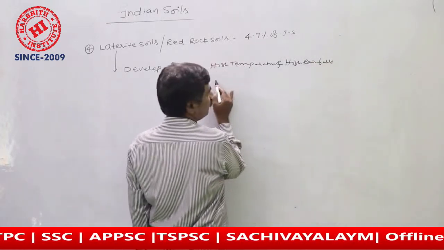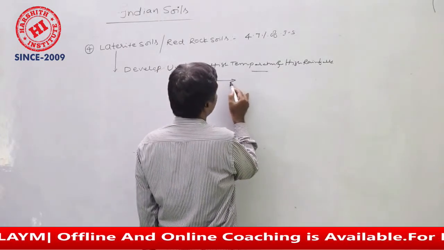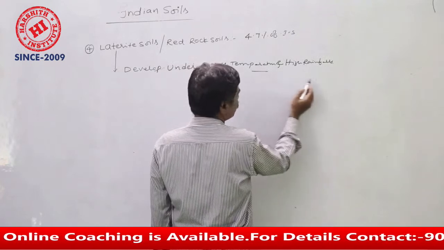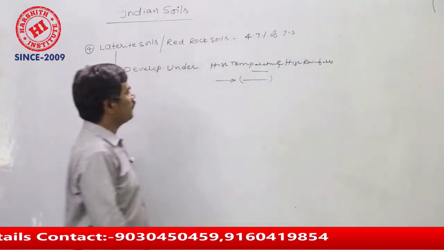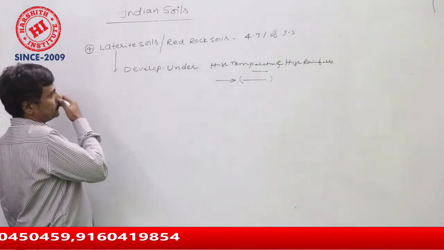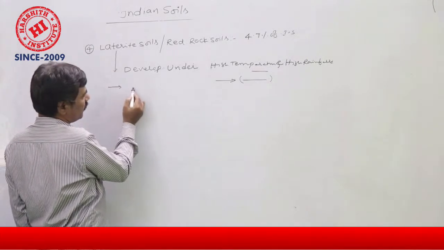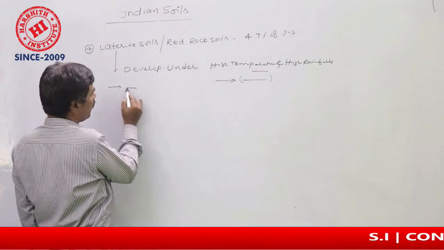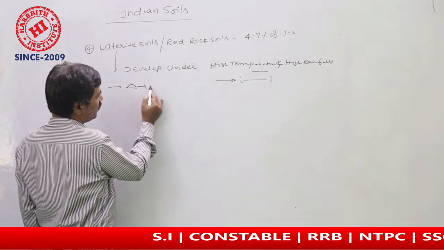Both are the factors. They can follow one by one. This type of soil is found mostly on the highlands and the slopes of the hill areas.